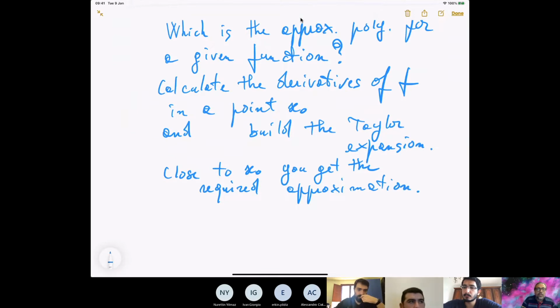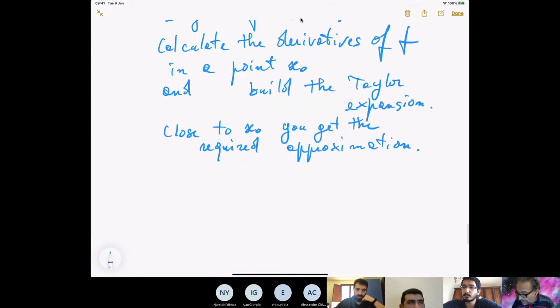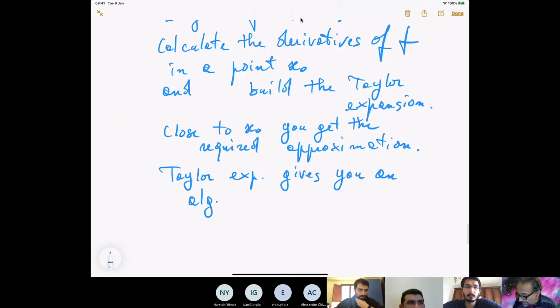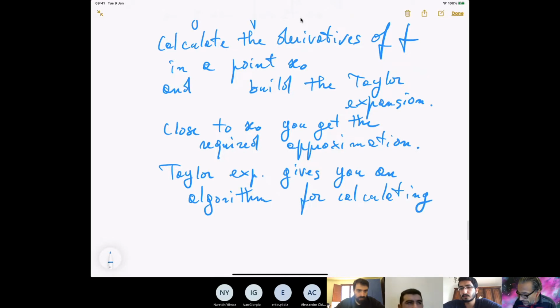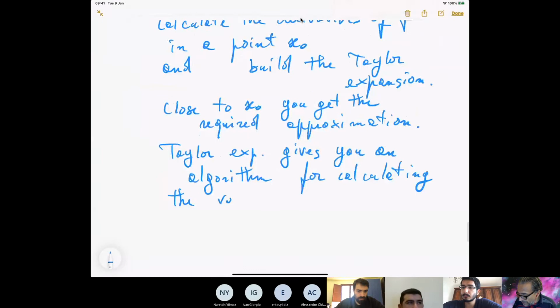So, in a sense, the Taylor expansion gives you an algorithm for calculating the values of functions.